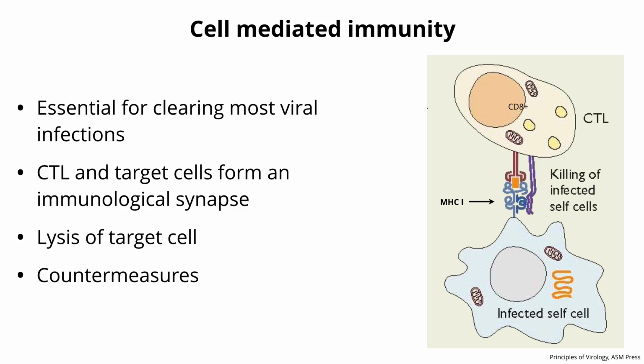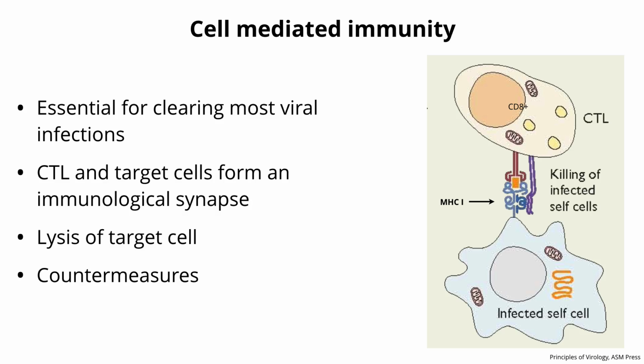Previously we talked about how dendritic cells display antigens in MHC2. MHC2 is restricted to very specific cells like antigen-presenting cells, dendritic cells, and monocytes. But all our other cells in the body have MHC1 so that they can show to a CTL whether they are infected or not. So the CTL comes up to a potentially infected cell, and it will recognize the peptide. If it's foreign, then the T cell will kill the infected cell.